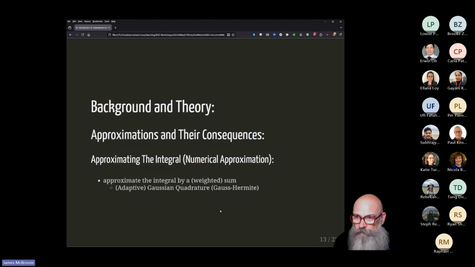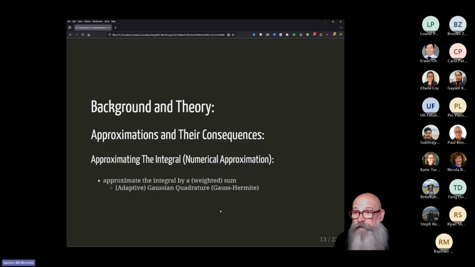We approximate that integral essentially by a weighted sum, where the weights and the points at which we evaluate the integrand are carefully and cleverly chosen. In the case of Gauss-Hermite quadrature, those points are chosen as the roots of the Hermite polynomials. Sorry, my French is poor. Okay.